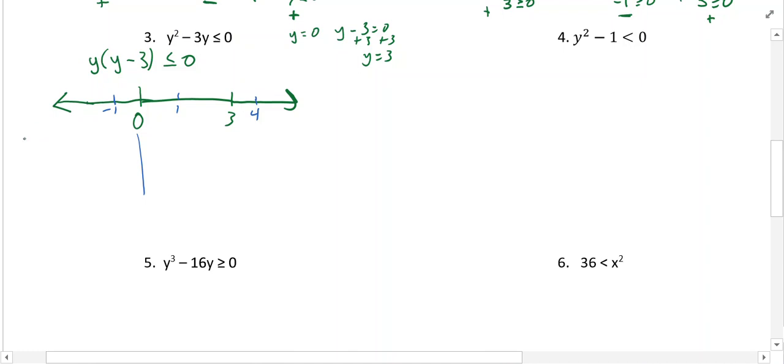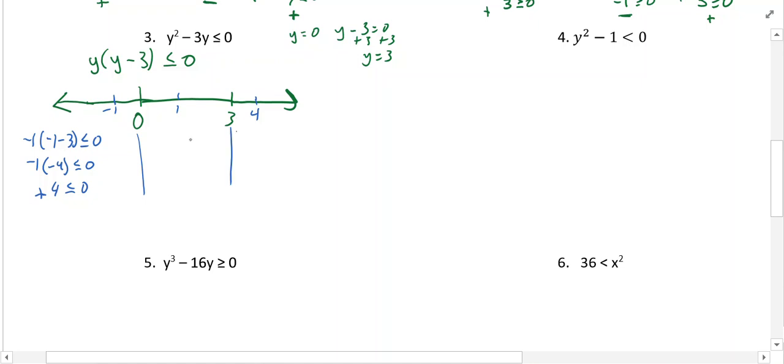So you're going to say negative 1, parentheses, negative 1 minus 3 is less than or equal to 0. So negative 1 times negative 4 is less than or equal to 0. When I multiply those together, I get a positive 4 because negative times negative is a positive. So I get 4 is less than or equal to 0, which means anything in this interval is going to give us a positive number.